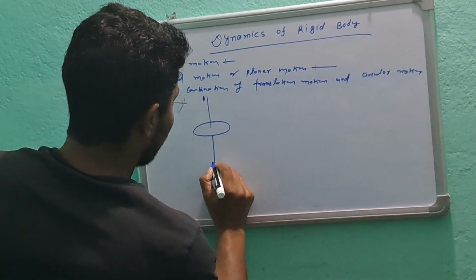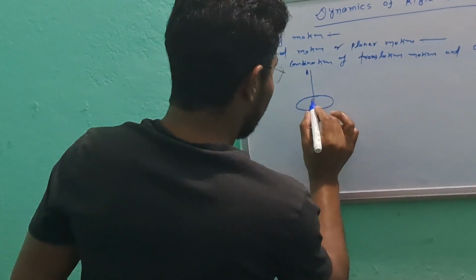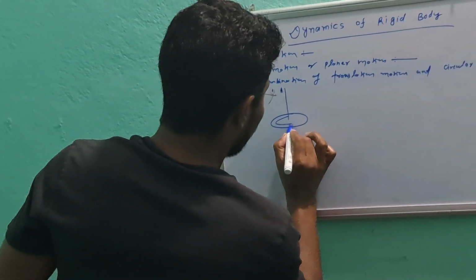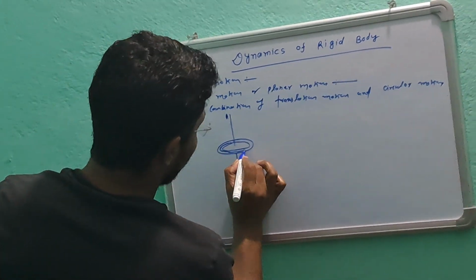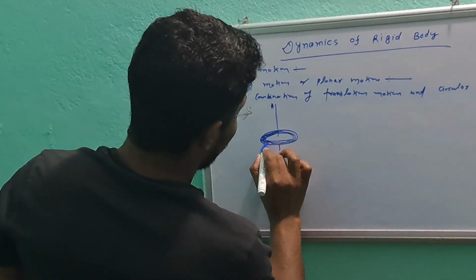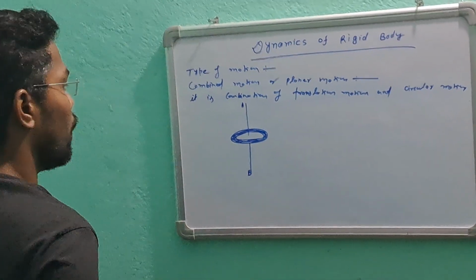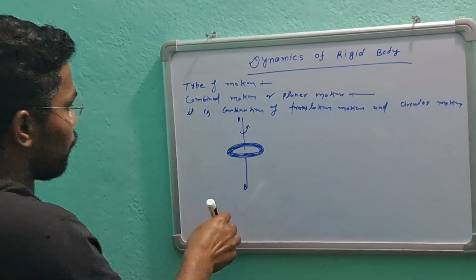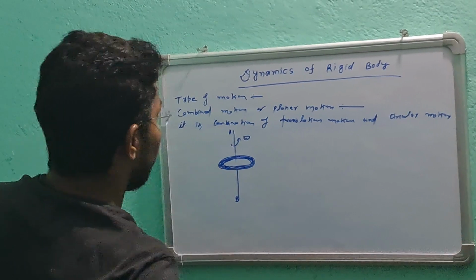This is the axis and this is the disc. This disc is rotating about the axis with angular velocity omega.